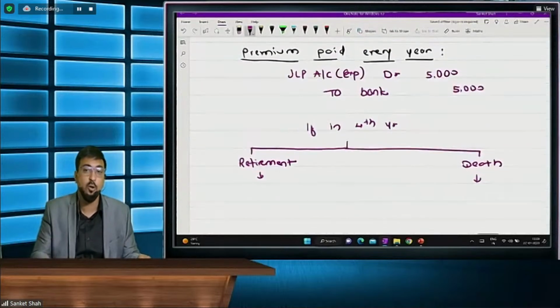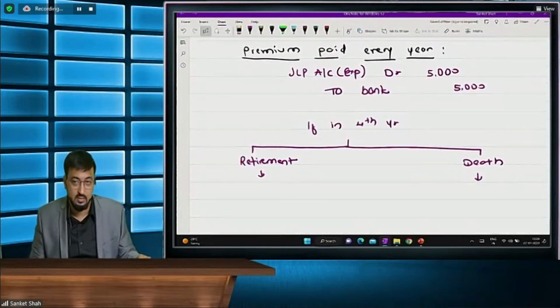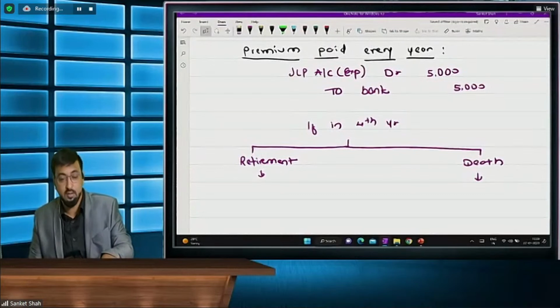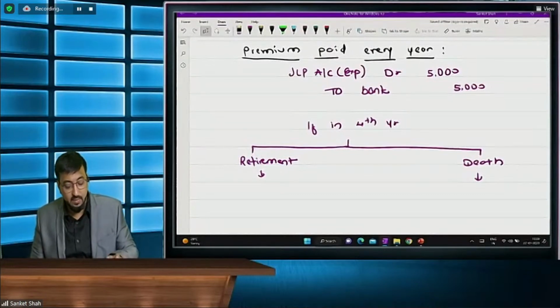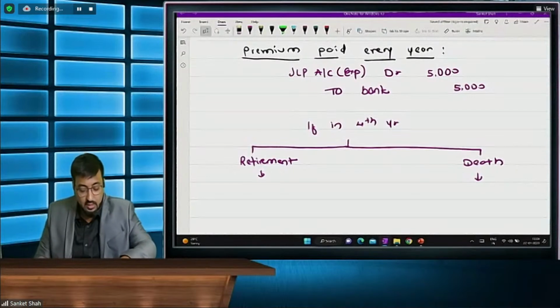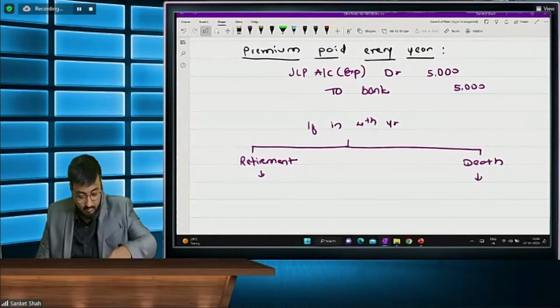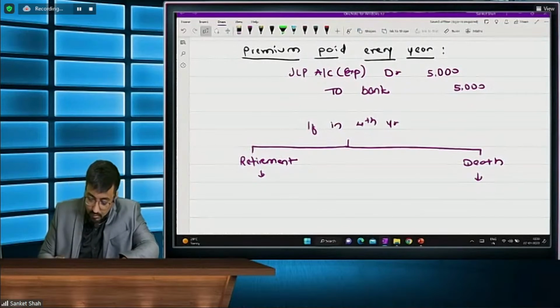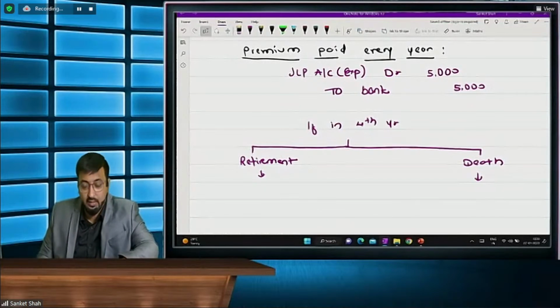In the 4th year, if retirement occurs or death occurs, how much value will you collect?